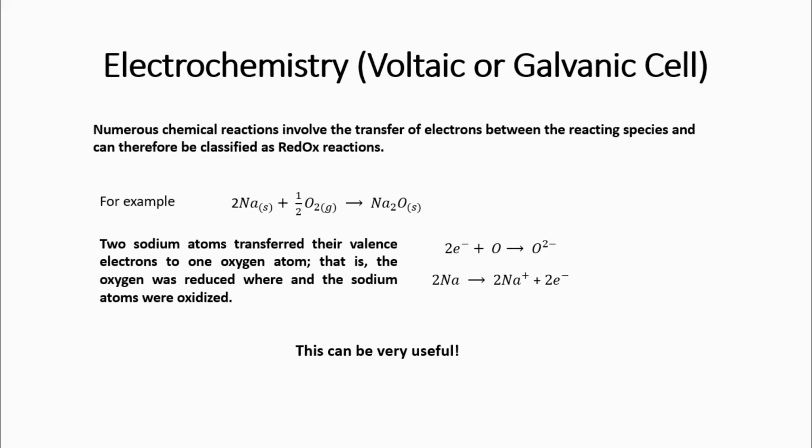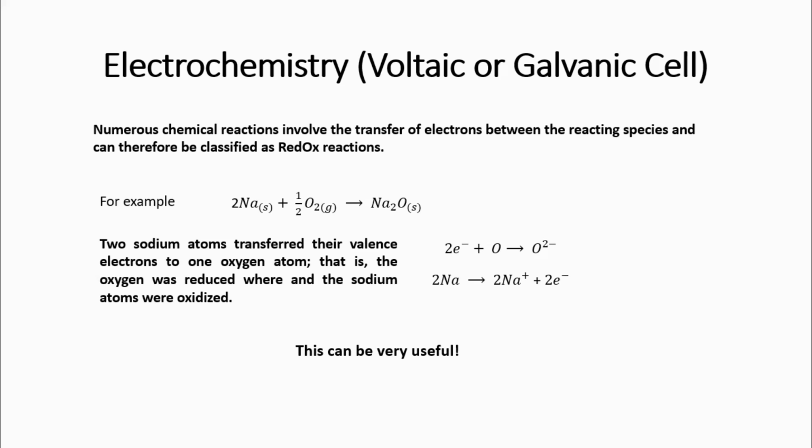Just to mention, numerous chemical reactions involve the transfer of electrons between the reacting species, and that's why electrochemistry is very, very important. It is also the branch of chemistry which deals with our ability to develop systems like cells for the storage of electrical energy.